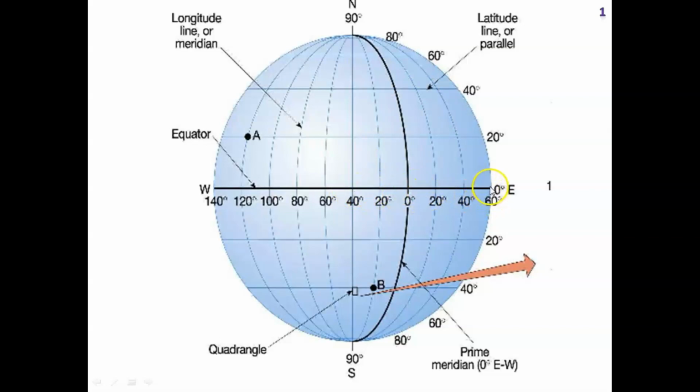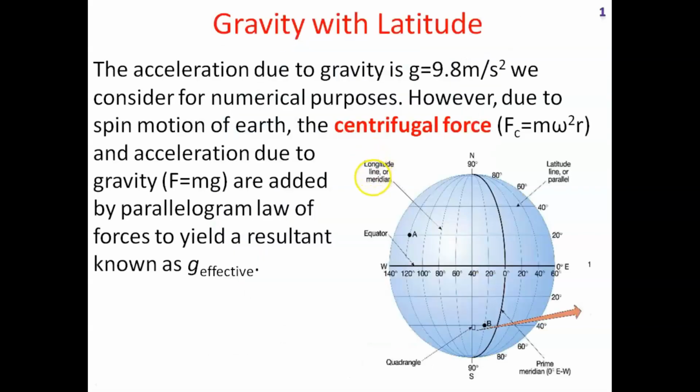However, as one goes up along these latitude lines, the distance from the axis goes on decreasing, and it is 0 at the North Pole and South Pole. This contributes to the change in gravity, and here we are going to formulate an equation which tells you gravity with latitude.